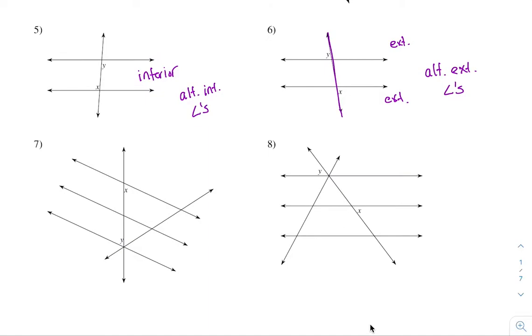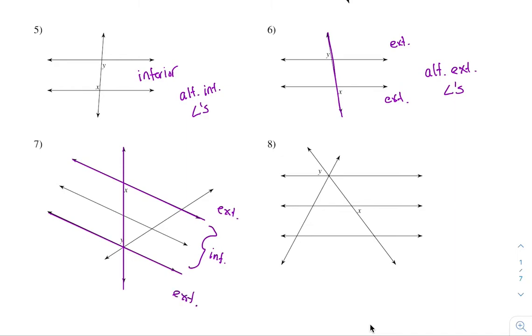Okay, number 7. Now, they're trying to confuse you with the amount of lines. But remember, we're dealing with two parallel lines cut by a transversal. So what I'm going to be focusing on is this line and this one. I'm just going to be focusing on the purple, and if you only look at the purple lines, notice this is the interior and these are the exterior.